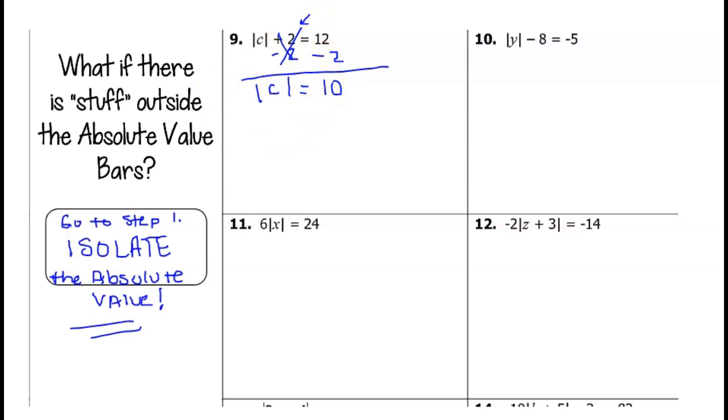And now this looks just like what we were doing before, right? Where I set what's inside of the absolute value equal to the other side of the equation. So I would have C equals 10 and C equals negative 10. So my solution set, I don't have anything more to do. My solution set is negative 10 and 10.